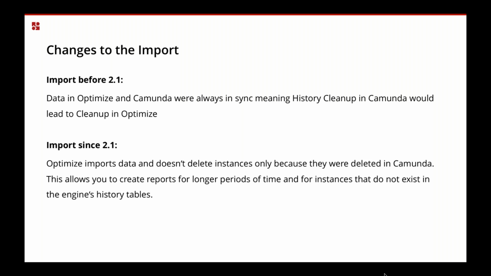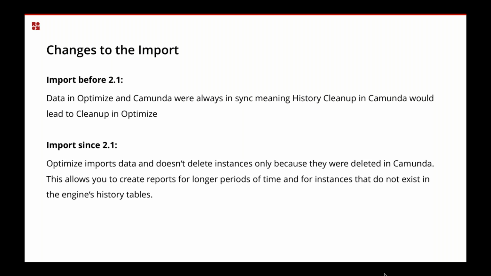Now in Camunda BPM, we have for a while a feature that is called history cleanup and history time to live. So you maybe know it, per process definition, you can define how long historic data for a specific process definition should be kept after a process instance has been completed. And then automatically this data will be erased.